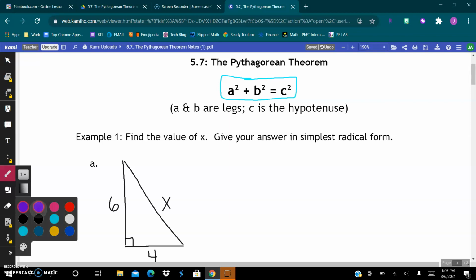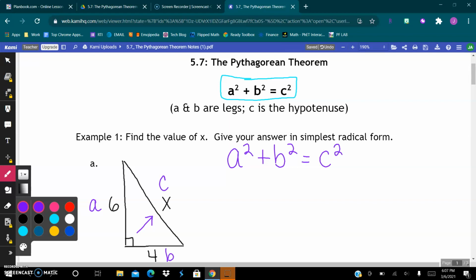So we have to use the a squared plus b squared equals c squared. So c is always the value across from the right angle, and it's always the longest side. So this is our c, so we don't know what c is. The other two sides are A and B, and it doesn't matter which one's A and which one's B for this one.